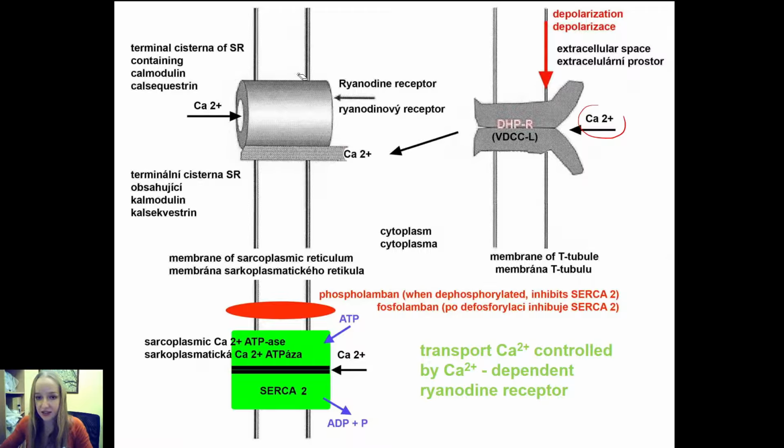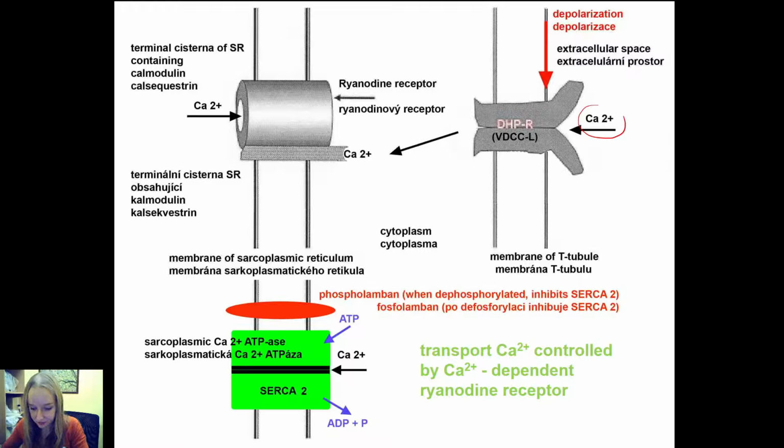So that means that the ryanodine receptor in a cardiac muscle is opened because of this calcium ion right here. So right now, it's not a mechanically controlled receptor, it is a calcium controlled or ligand controlled receptor here in the cardiac muscle.